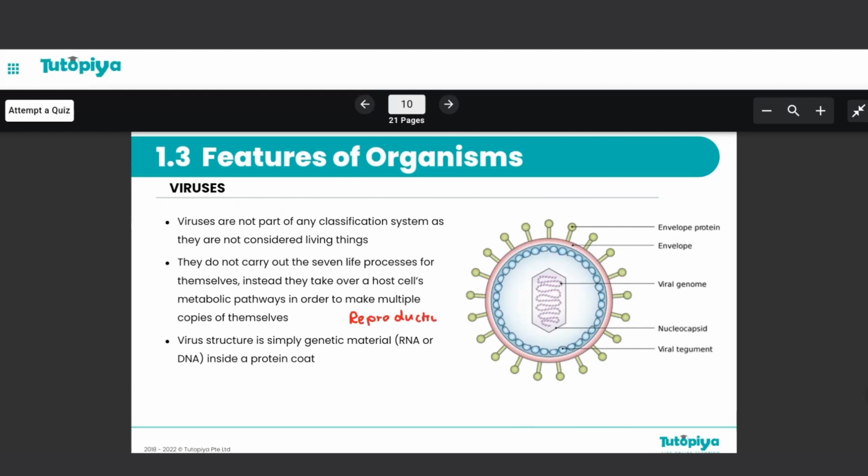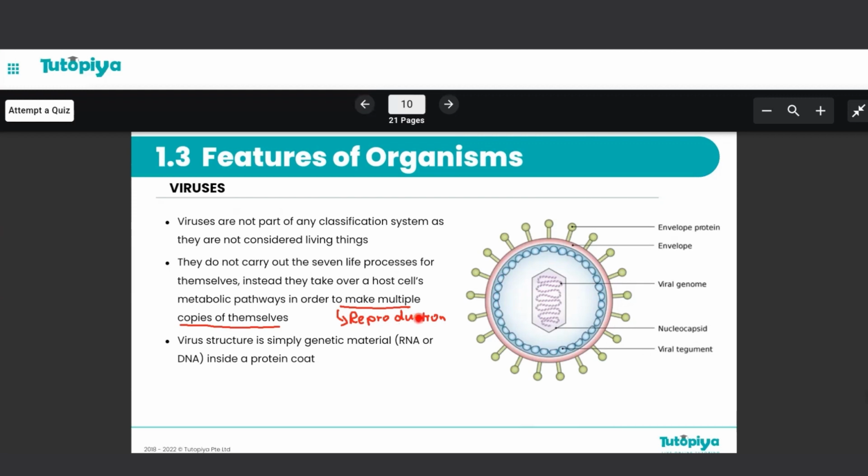The only thing that viruses can do is take over a host cell and make multiple copies of themselves. Out of the 7 life processes, the only one shown by a virus is reproduction, and that is why we can't really consider it a living thing.